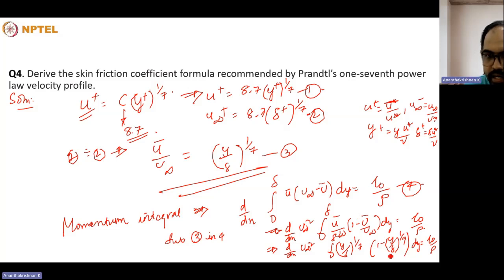So we can directly integrate it. This varies from 0 to delta, and y is the variable of integration. That particular integration gives us a constant integral value equal to 7 by 72.